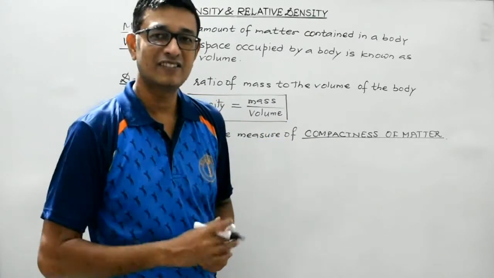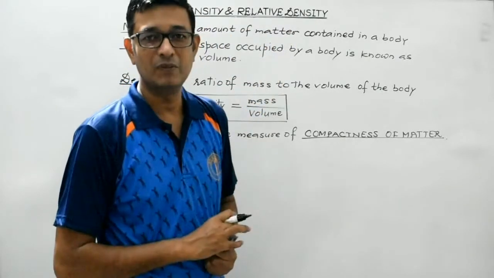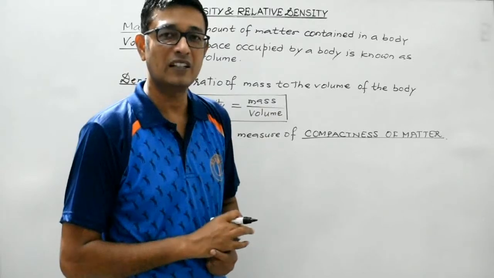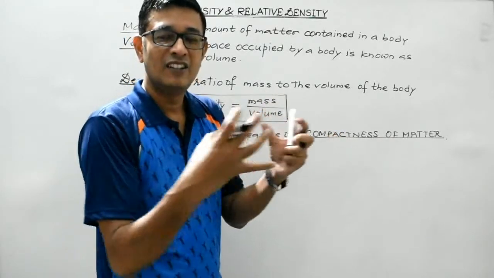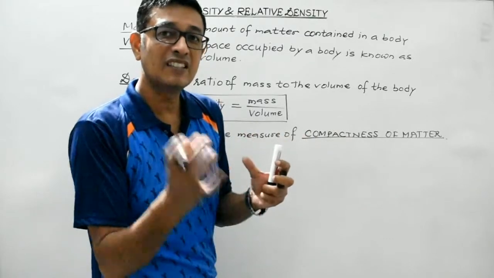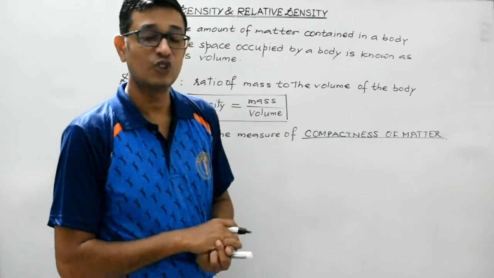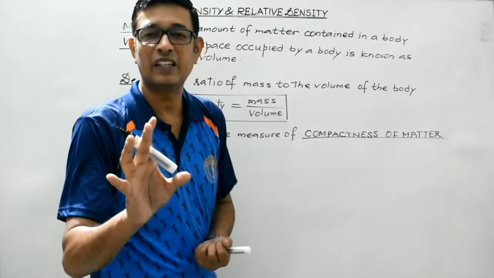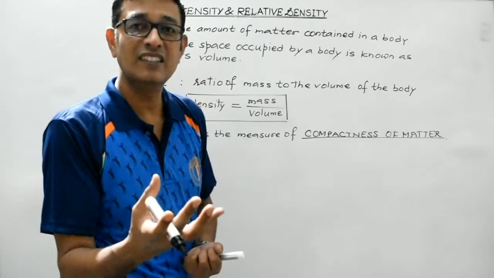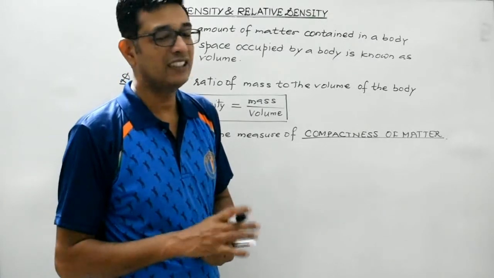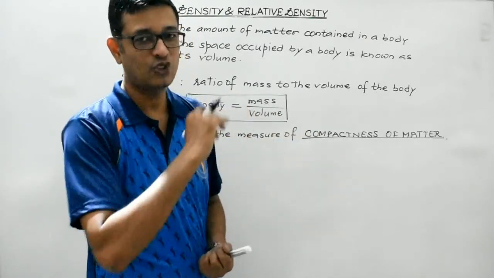Like gases, in those cases the gap between atoms and molecules are maximum out of the three states of matter. In solids, the atoms and molecules are closely packed. So compactness of matter is greatest in solid and it is smallest in gas. So therefore, generally speaking, the density of solid is maximum while the density of gas is minimum, while the density of liquid lies in between that of gas and solids.